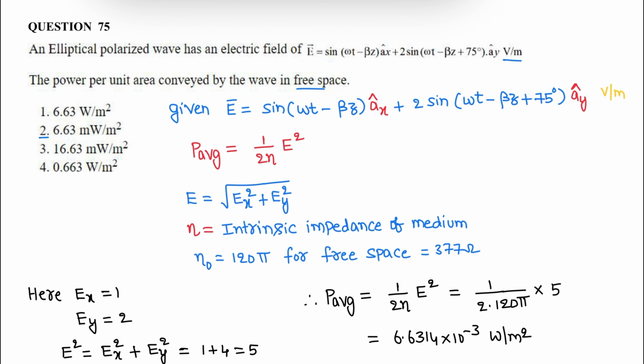Now E squared is Ex squared plus Ey squared. Substitute the values of E squared and η in the average power expression. So E squared by 2η is 5 by 2 into 120π, and the average power is 6.63 milliwatt per meter square. 10 power minus 3 can be written as milli. Correct answer option 2.